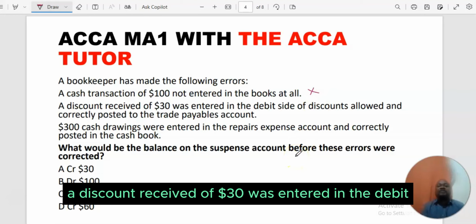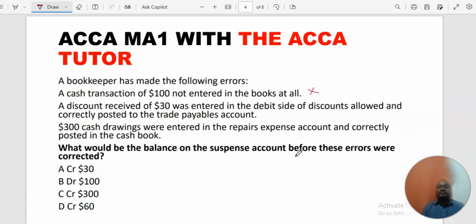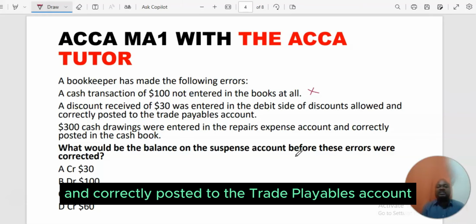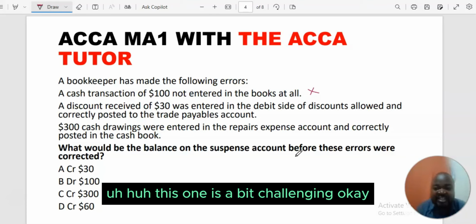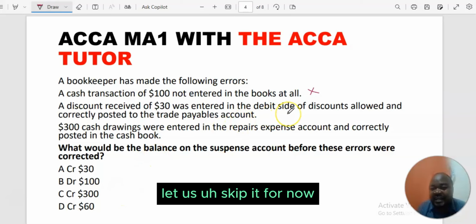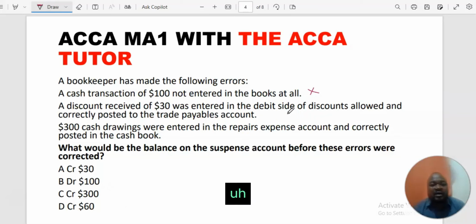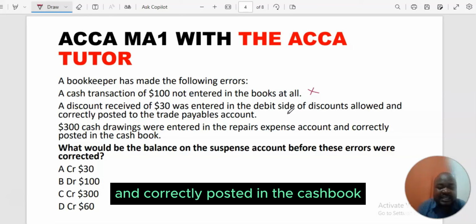Then a discount received of $30 was entered in the debit side of discounts allowed and correctly posted to the trade payables account. This one is a bit challenging. Let us skip it for now. $300 cash drawings were entered into the repairs account and correctly posted in the cash book.